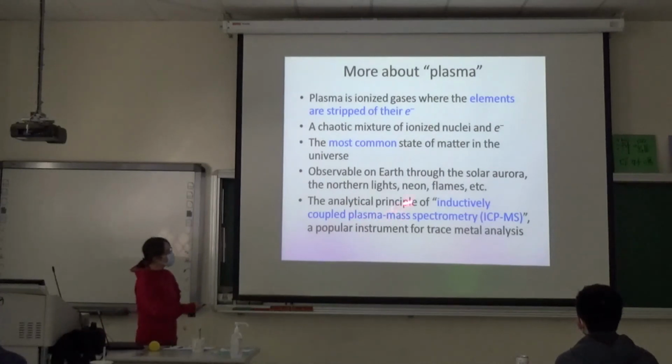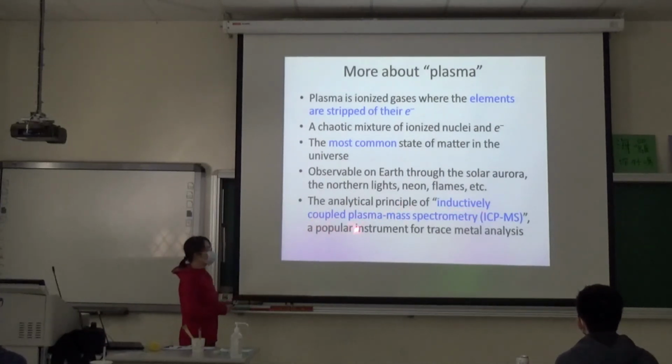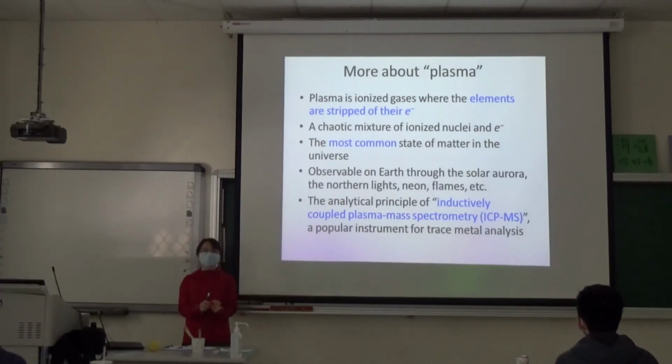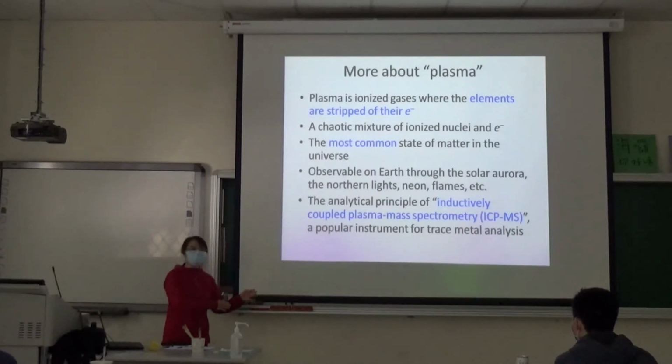The analytical technique inductively coupled plasma mass spectrometry, in short ICP mass, is a popular instrument for trace metal analysis, and it actually converts your sample into plasma and analyzes the plasma. So sometimes you see plasma in your lab.